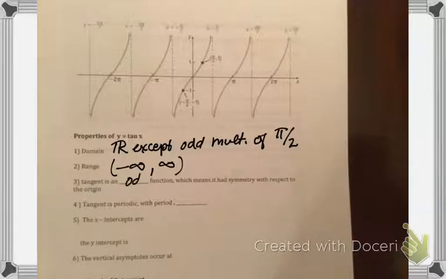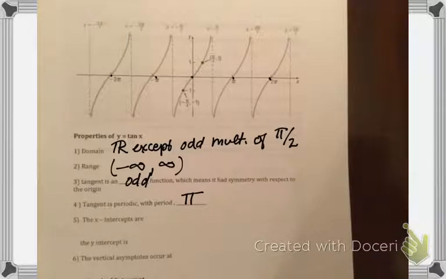Tangent is odd. What does that mean? That means it has symmetry with respect to the origin. Tangent is periodic with a period of pi. So once again, if you look at it, every pi units, the graph repeats itself. The x-intercepts, the points where it crosses the x-axis, if you look here on these points, it's every pi units.